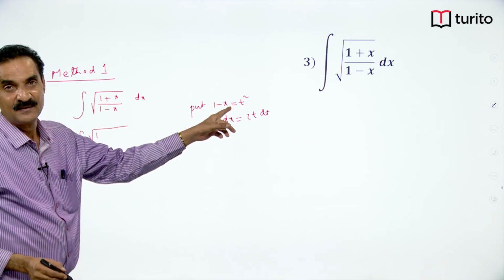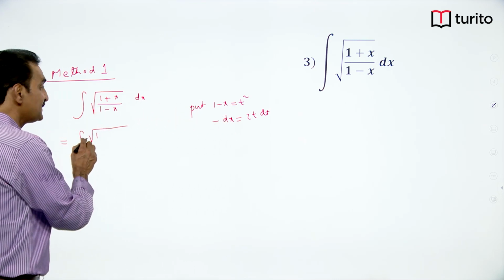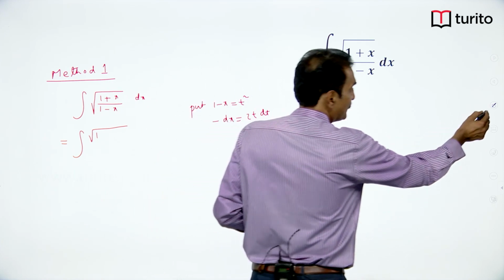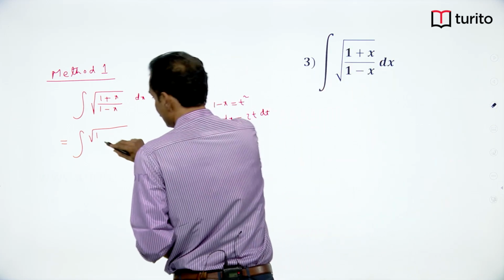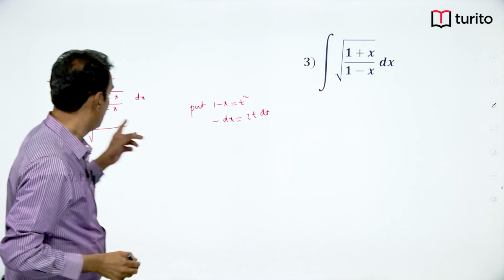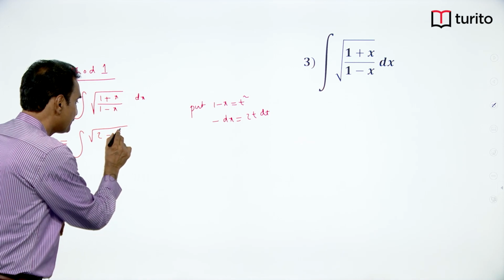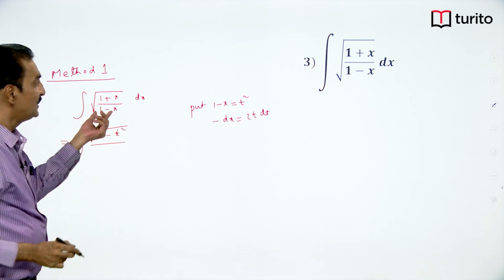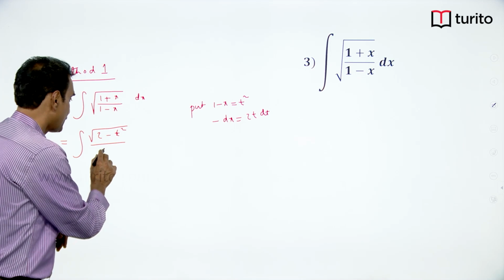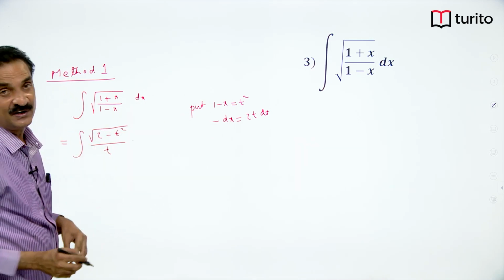If you substitute x as 1 minus t square, numerator becomes root over 2 minus t square by root 1 minus x, which is t, into dx is minus 2t dt.